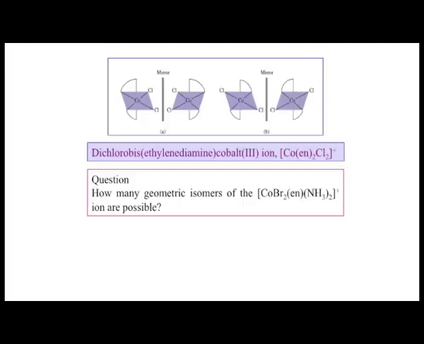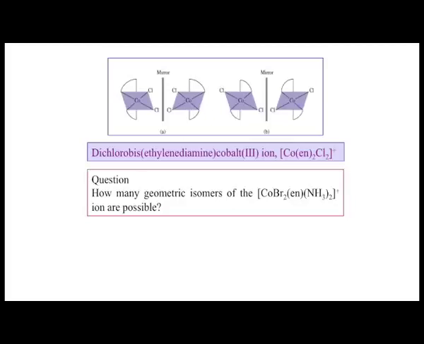If I ask you a question related to some other form, this is a very simple question. You just try to draw the different geometrical isomers, the positioning of these, we know this. Now, what we are doing is making it much more complex, because we are putting in one ethylenediamine, two Br and two ammonia molecules attached to it.